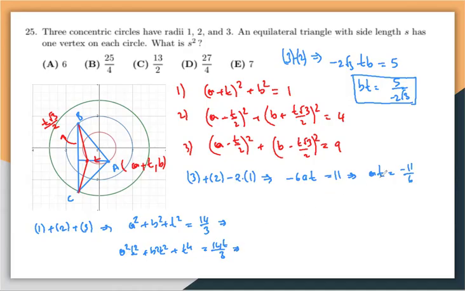When you plug these in, at is given, so you got 121 over 36, and bt is 25 over 12, and then you got t to the fourth equals 14t squared over 3. Then you can do substitution, like t squared is equal to x, and solve this as a quadratic. When you do so, you actually get t squared is equal to 7 over 3.